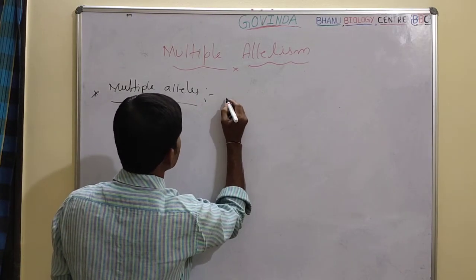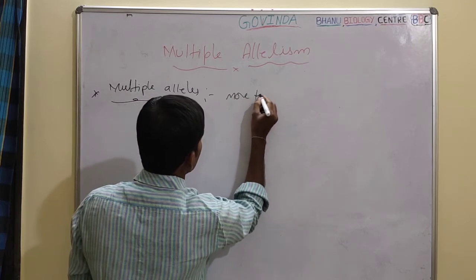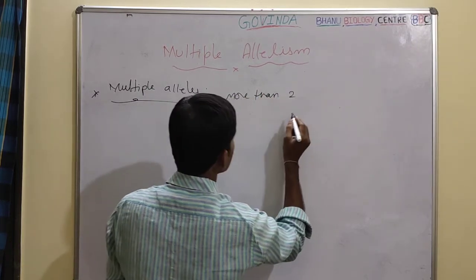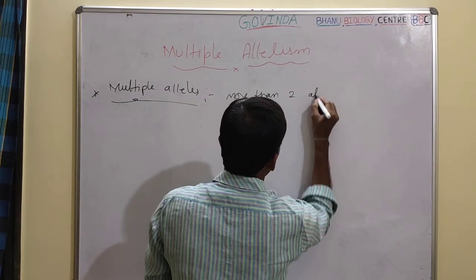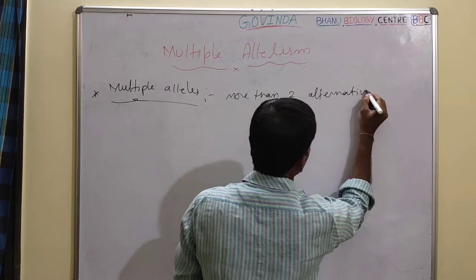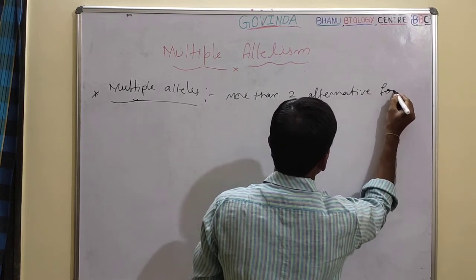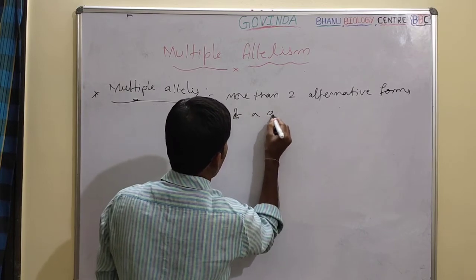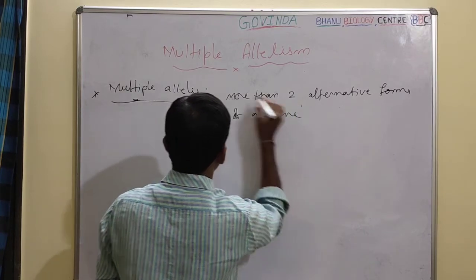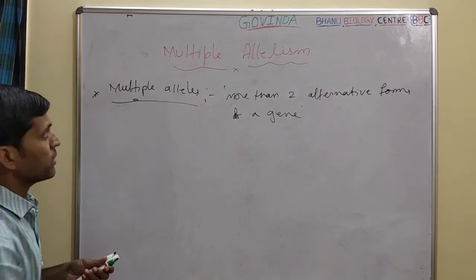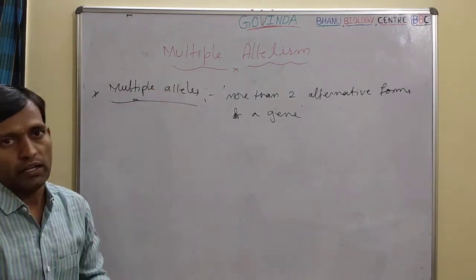More than two alternative forms of a gene are called multiple alleles. That phenomenon is called multiple allelism.